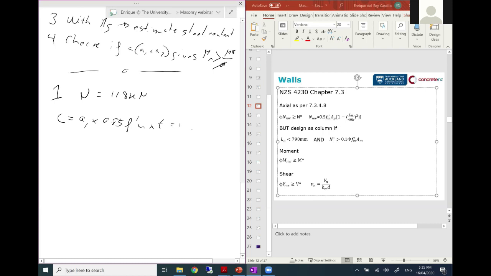And this has to be 118 kilonewtons, equilibrium. From here, we obtain A1, which is 118 times 1,000 divided by 0.85 times 12 times 140, and we get 82.6 millimeters.